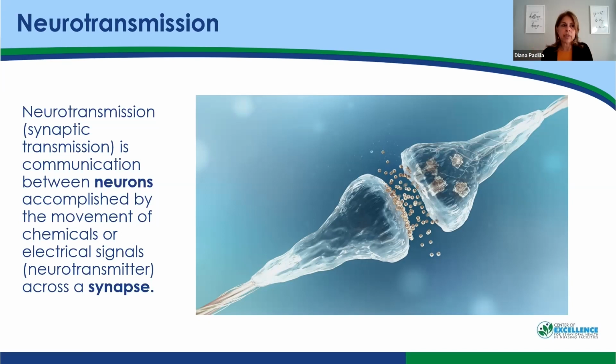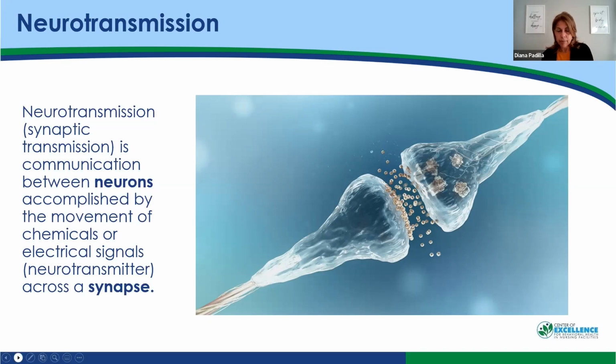Just imagine a softball game: the pitcher throws the ball and the catcher catches it with a mitt. The ball is the neurotransmitter, and the mitt is the receptor. Once it catches, the message is received. When that's happening all at the same time, the brain is communicating certain neurotransmitters to incite certain functions.